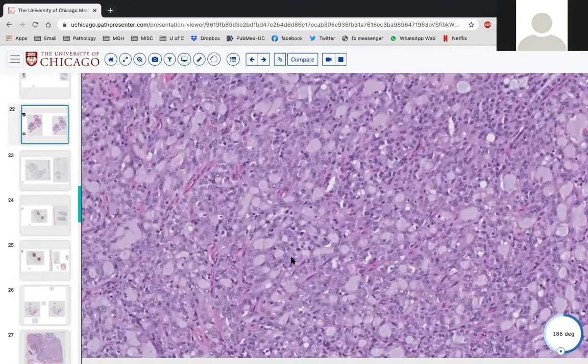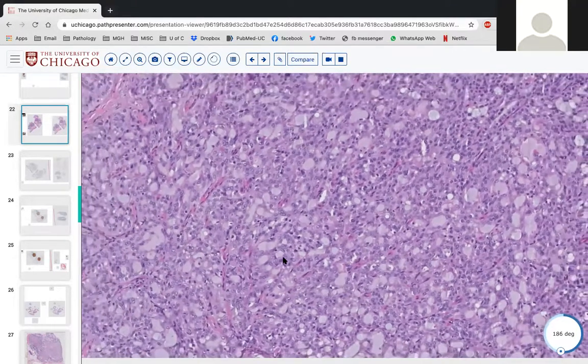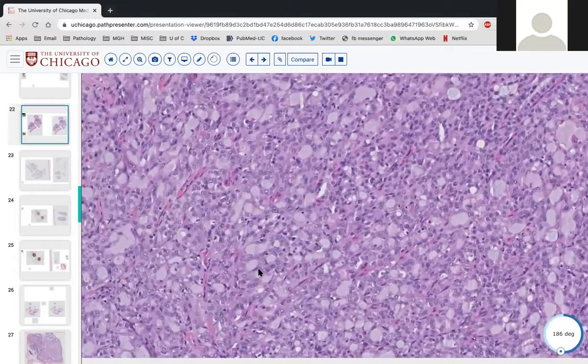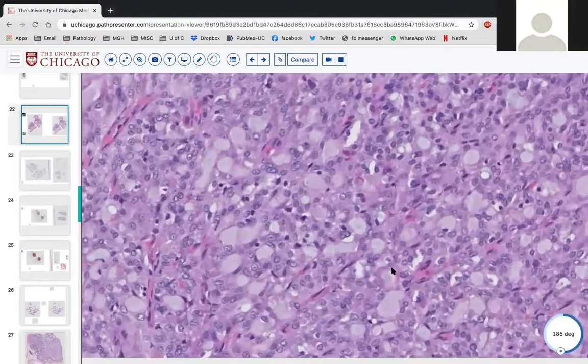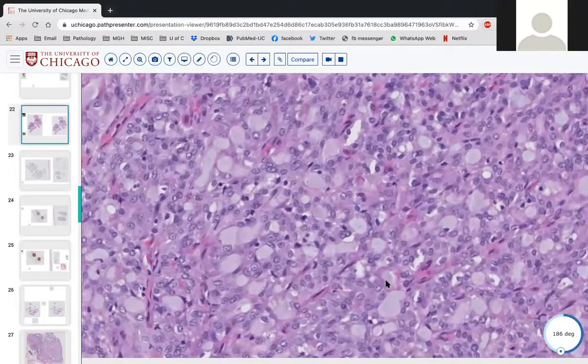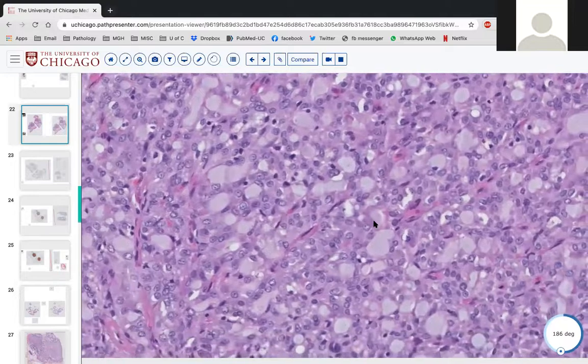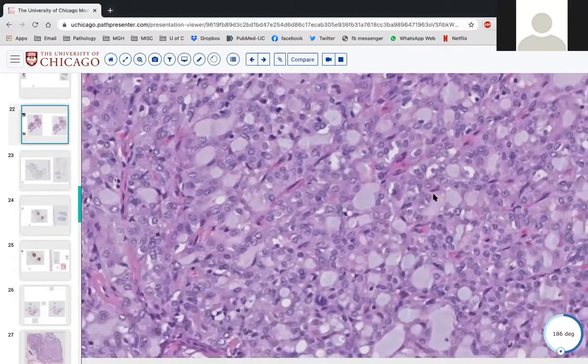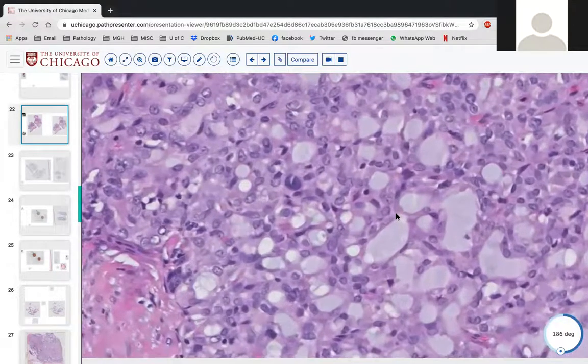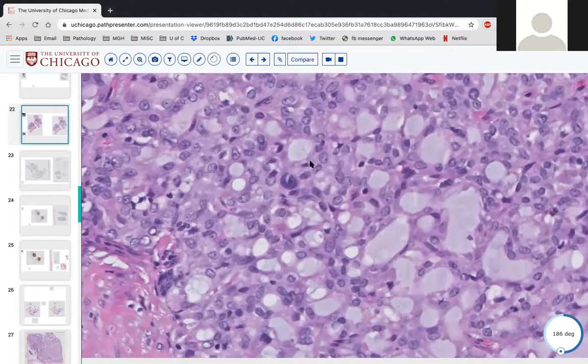That is where I was leaning. It's a little hard to tell, but there are some smaller cystic areas. Yes, actually, mucoepidermoid would also be in the differential. Thank you, Perry.